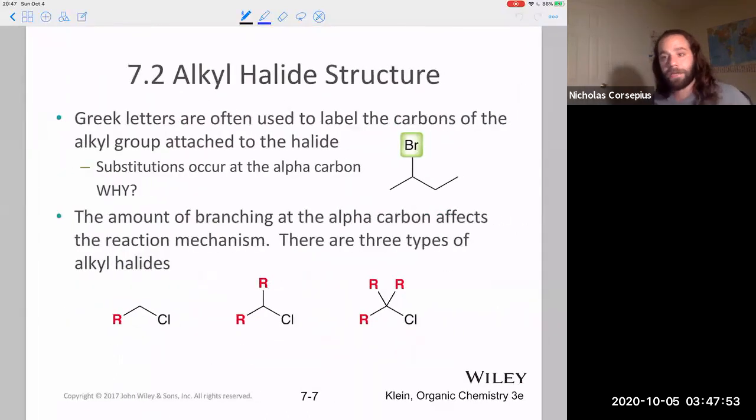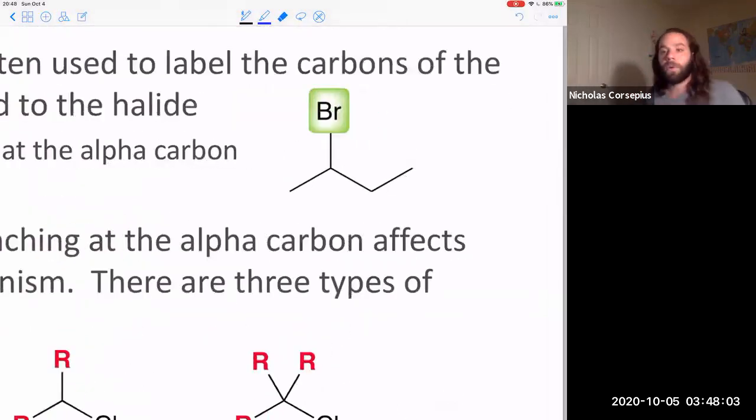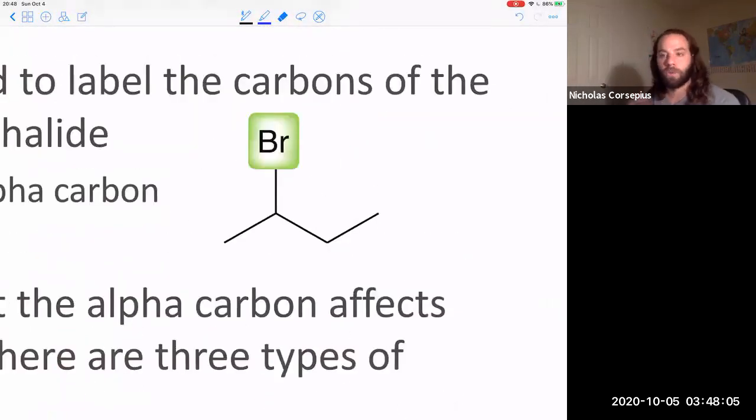The last thing we need is just a little bit of terminology in order to be able to talk about what's going on here. First of all, with regard to the actual alkyl halide itself, we have a sort of shorthand that we use to refer to the carbons in your alkyl halide. The carbon that is bound to the halogen is known as the alpha carbon. So substitution reactions will happen when a nucleophile attacks the alpha carbon.